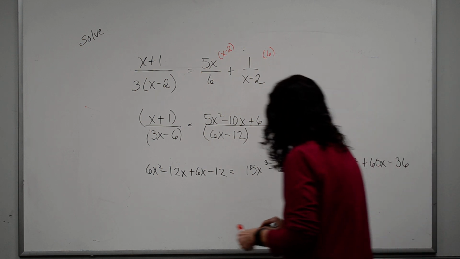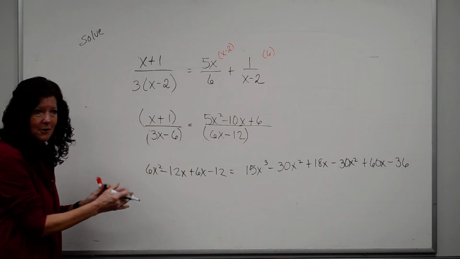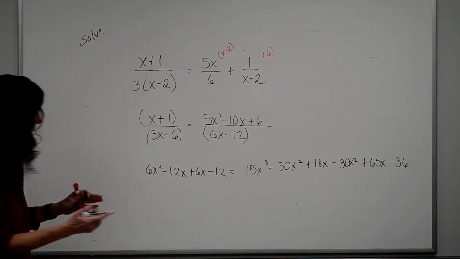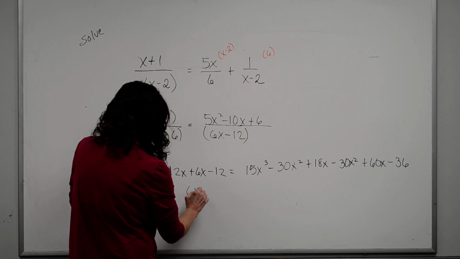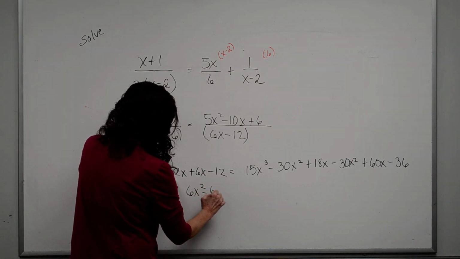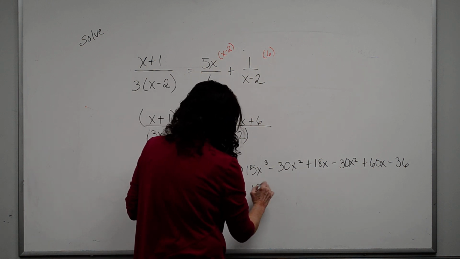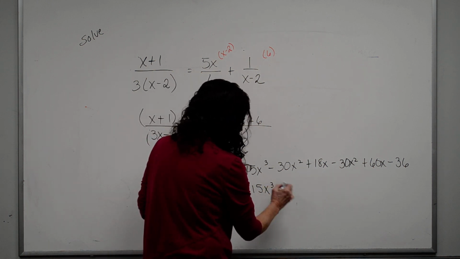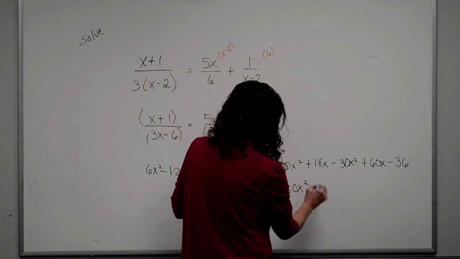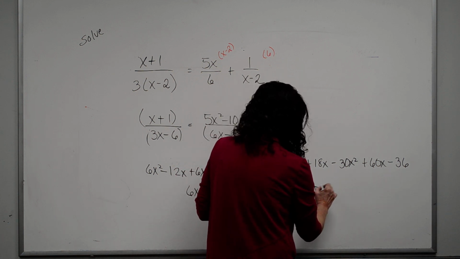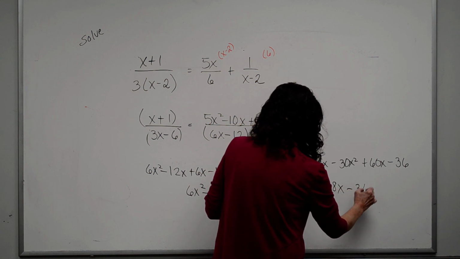Okay. So then I'm going to have to combine my like terms and bring everything to one side. So here I've got 6x squared minus 6x minus 12. Here I've got 15x cubed minus 60x squared plus 78x minus 36.